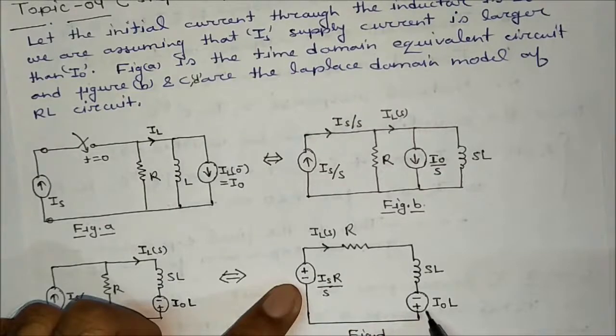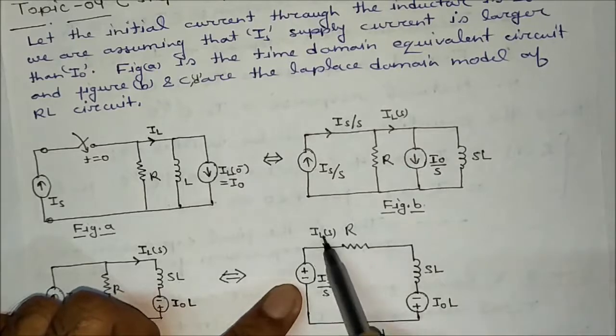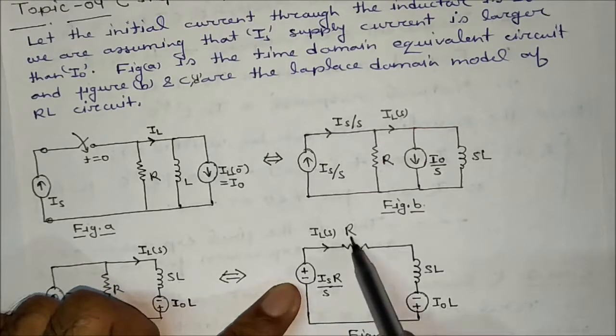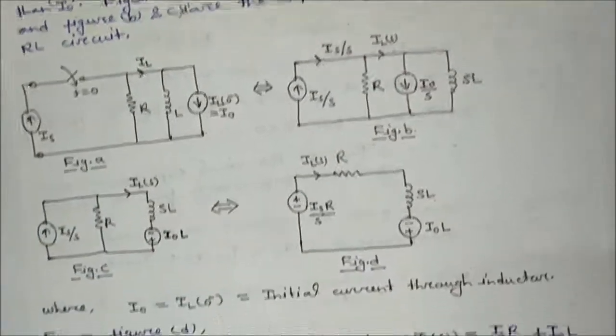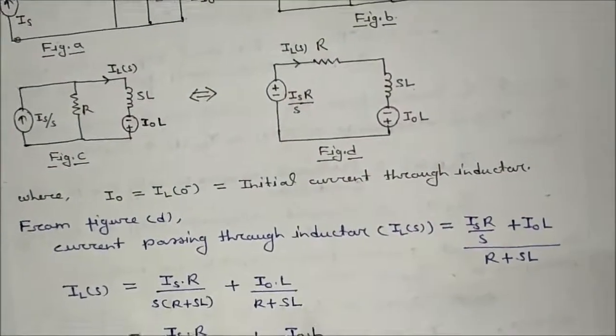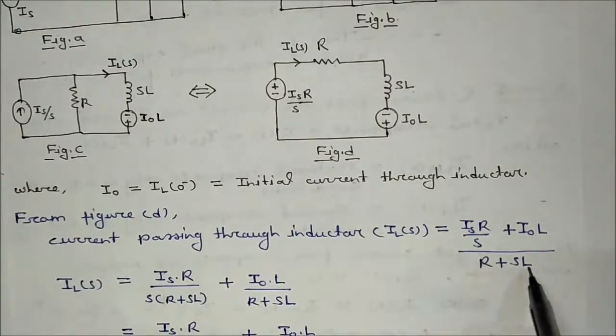This voltage plus this voltage. You can apply KVL here. ILS is equal to Is into R by S plus I naught into L, divided by the total impedance of the circuit, R plus SL. So ILS can be written as Is into R by S plus I naught L, divided by R plus SL.